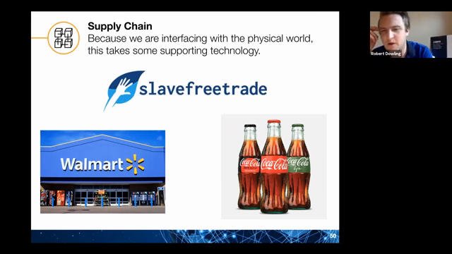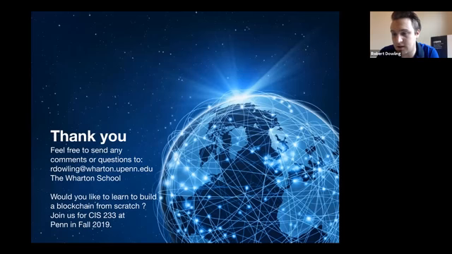I don't remember if they partnered with Slave Free Trade or the State Department, but these are all organizations that are working to use blockchain to eliminate the practice of slave labor in the creation of the products that organizations and people, the markets, consume. So it's a very fascinating technology.